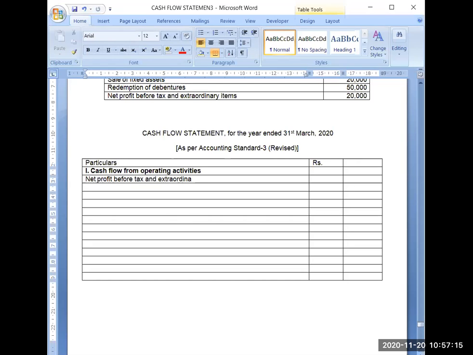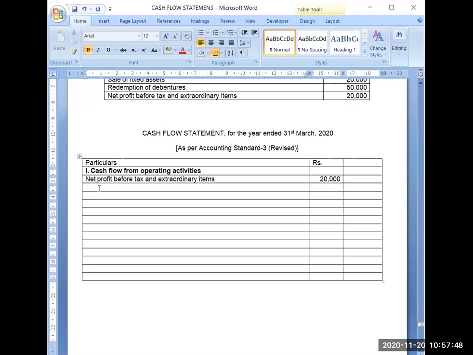It is given as 20,000. This is step 1. We don't need to calculate it because it is already given in the question.